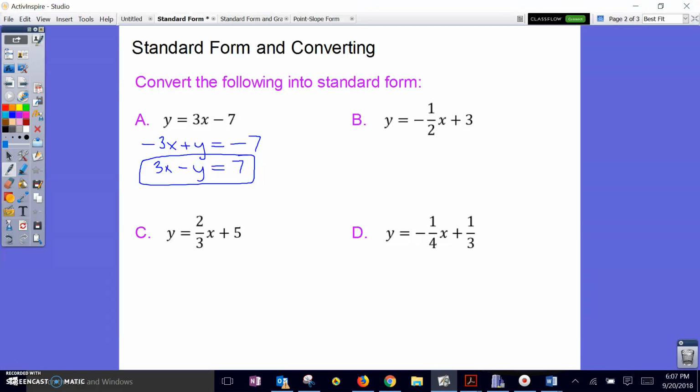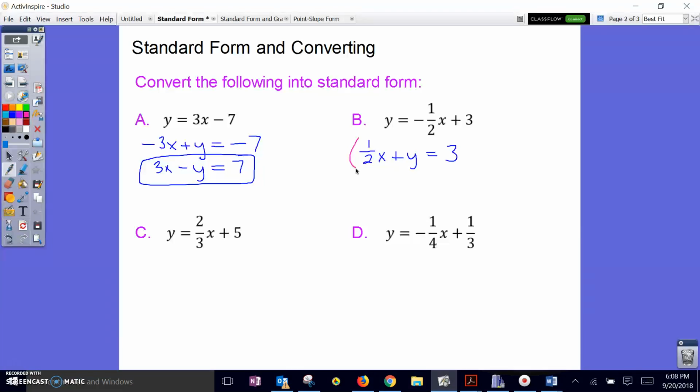Alright, let's look at the next one that we've got here. First, I'm going to add 1/2 x to both sides, which gets my x's and y's on the same side and my numbers on the other side. Again, I'm almost in standard form, but I have a fraction. When we have just one fraction in an equation like this, what we're going to do is multiply the whole equation by the denominator of the fraction.